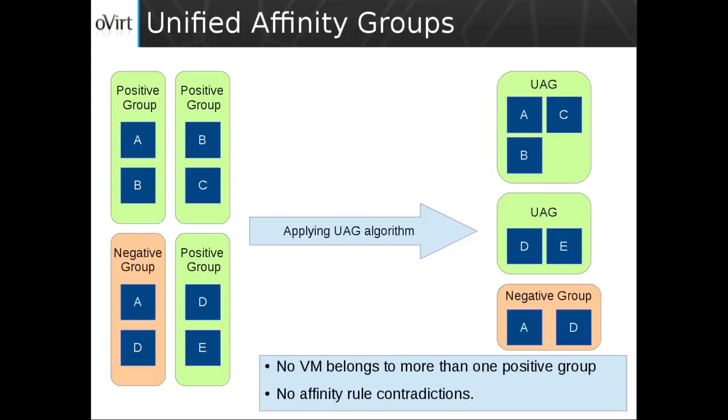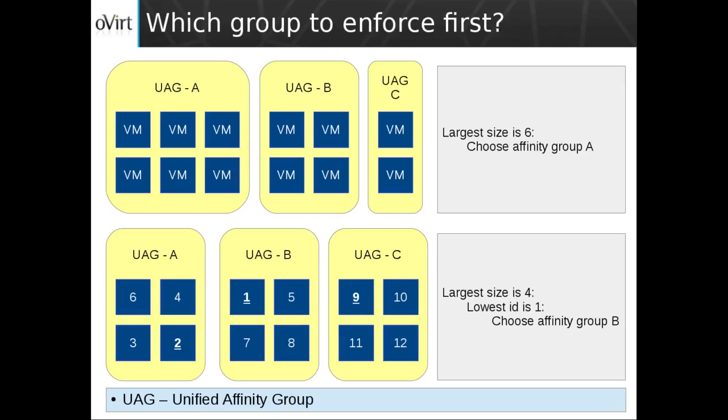Now I'm going to explain how we did it on the next slide. After we apply the unified affinity groups algorithm, we need to decide which affinity group we are going to enforce first. So in this case, we start sorting the affinity groups.